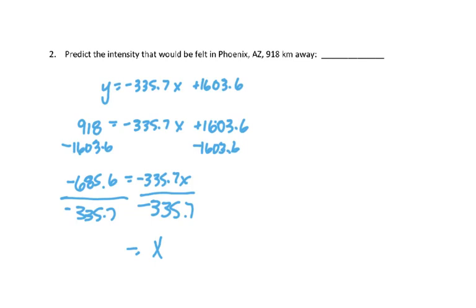And we're going to get about 2.04, and we measure intensities in whole numbers, so it is roughly an intensity of 2, which they would list as a Roman numeral. And you can put that in your blank.